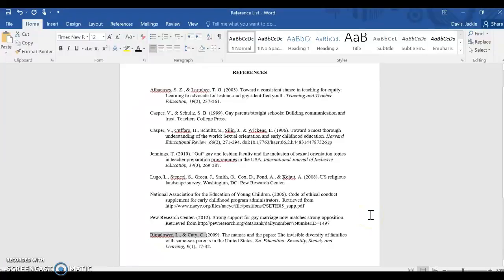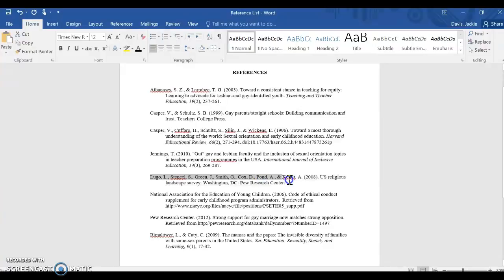And so a couple of things that I want to point out about listing these articles by author last name in alphabetical order is that you want to pull the last names from the article exactly as they are listed. For example, here's the first article listed was written by Athanasius and Larrabee. A does come before L, and I'm going to try and find a different example.